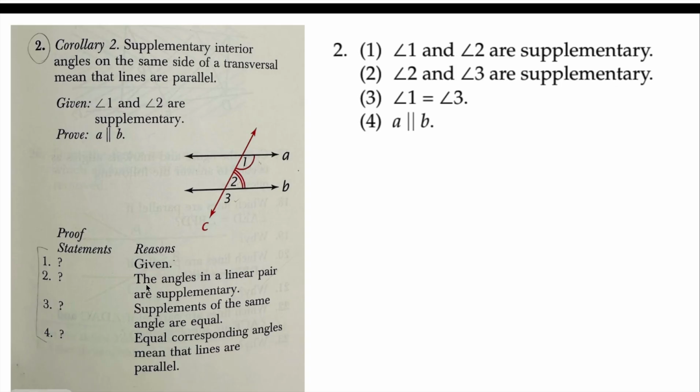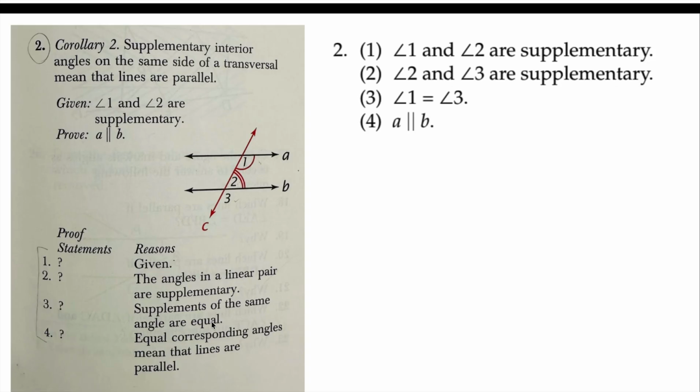If we were going to use the angles in a linear pair that are supplementary, what else is supplementary besides 1 and 2? 2 and 3. So we'd say 2 and 3 are supplementary. And then for number 3, supplements of the same angle are equal.